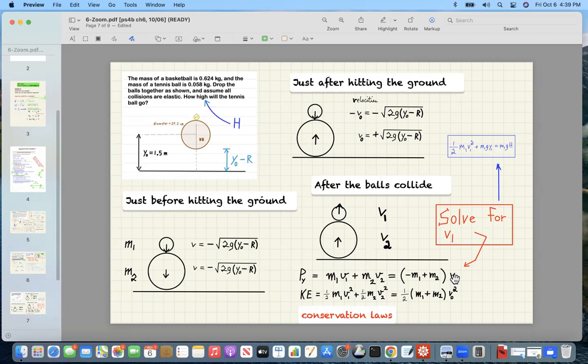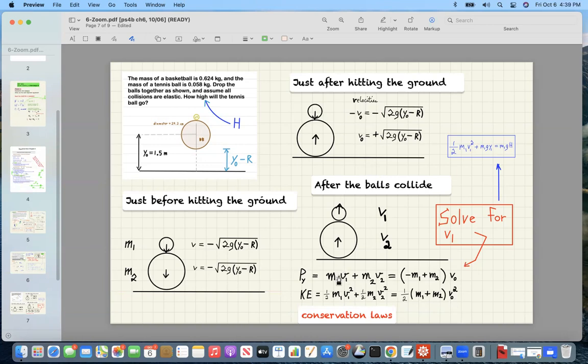They're equal. That's the conservation law. And the kinetic energy is equal too. So 1/2 m1v1 squared plus 1/2 m2v2 squared, that's the kinetic energy of the whole system, is the kinetic energy of this system before, which will be 1/2 m1v0 squared plus 1/2 m2v0 squared. In other words, 1/2 (m1 plus m2) v0 squared.